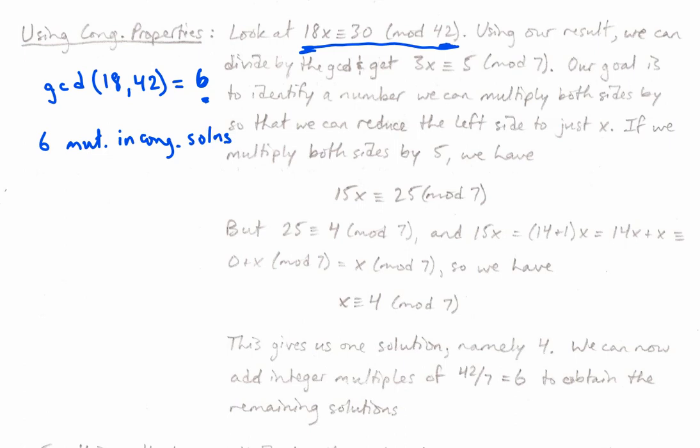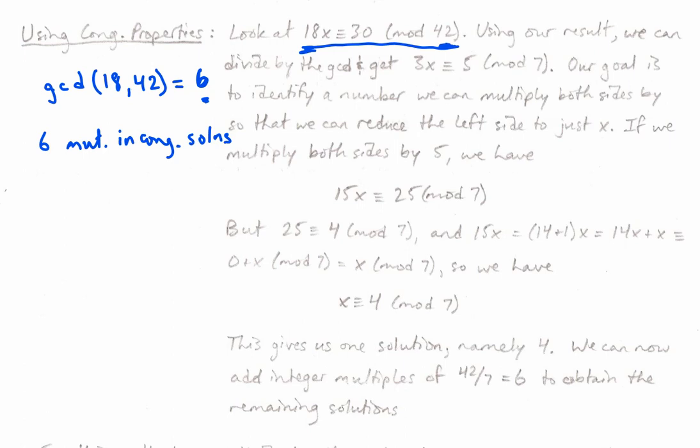First thing you're always going to do is take every number in your congruence, your A, your B, and your n value, and divide every one of those numbers by that GCD. So 18 divided by 6, 30 divided by 6, and 42 divided by 6. And that's going to give us 3x is congruent to 5 mod 7.